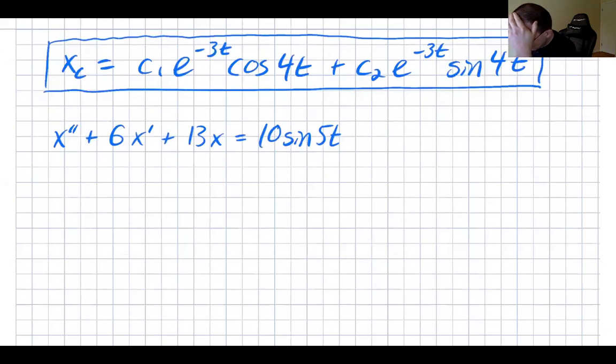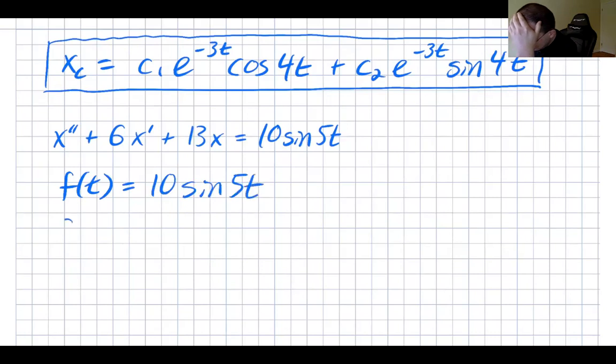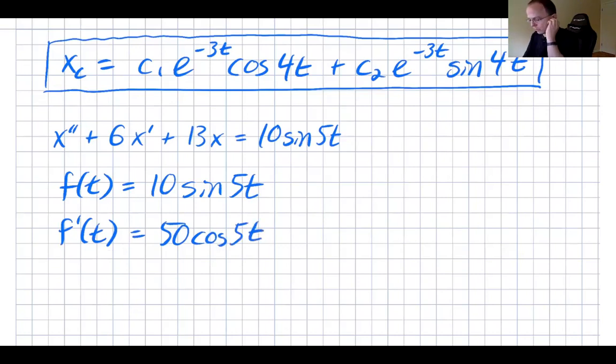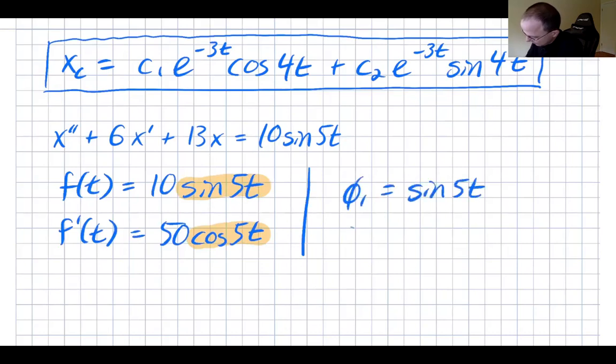Our function is equal to this, and when I take the derivative, I'll get 50 cosine 5t, and if I keep taking derivatives, I'm just going to keep getting sine 5t and cosine 5t. Those are the only two terms that are going to appear in the function and its derivatives. And so therefore, phi 1 is equal to sine 5t, and phi 2 is equal to cosine 5t.